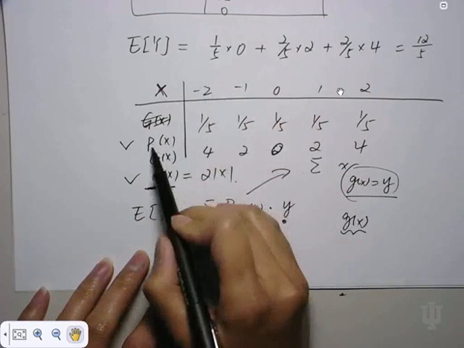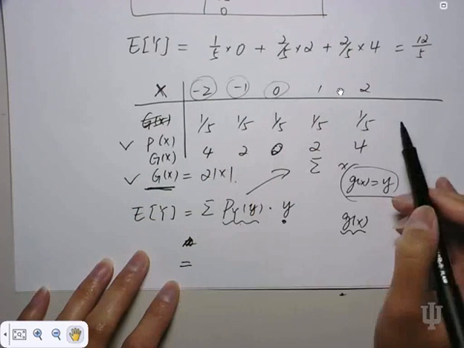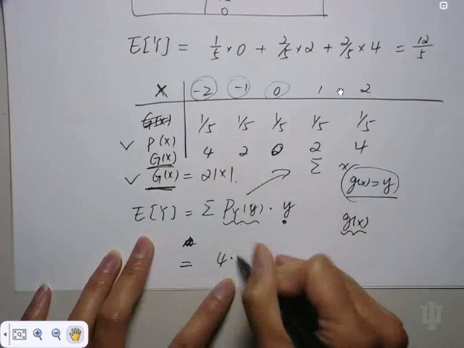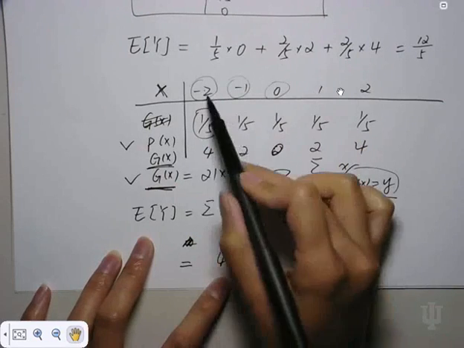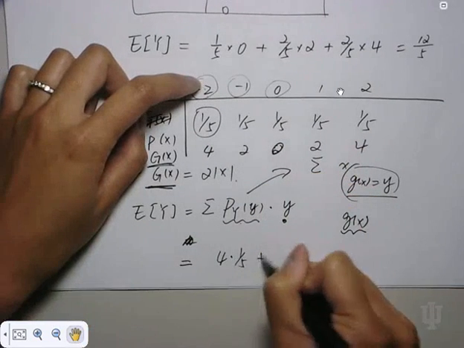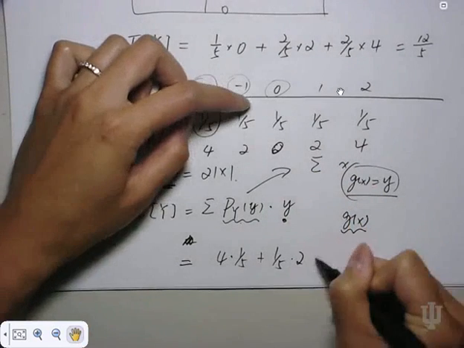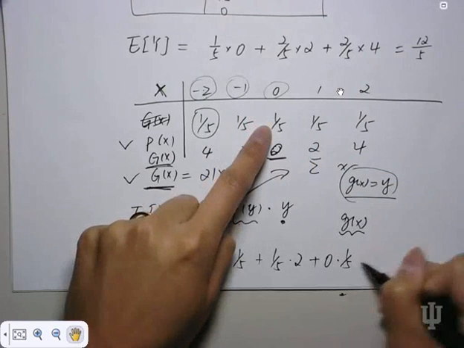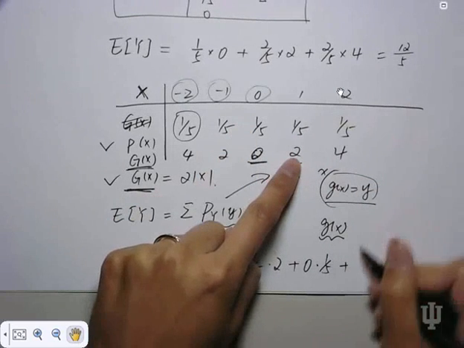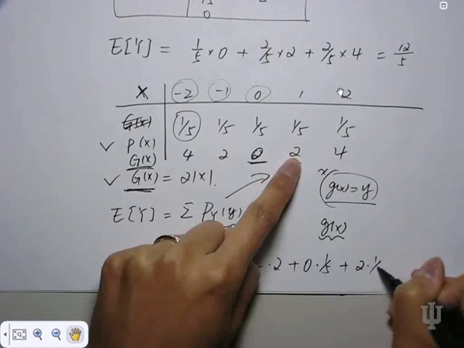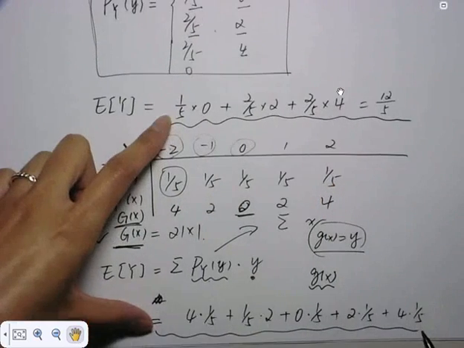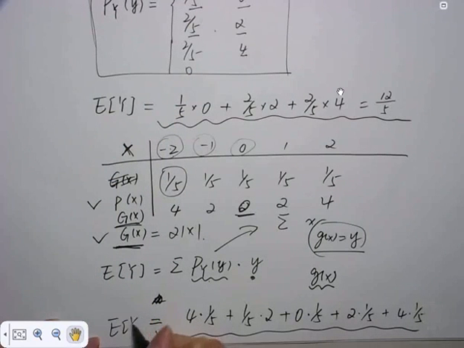For each probability of little x, I use the value of g of x times the probability of this sample, plus 0 times... these two are the same actually, right?